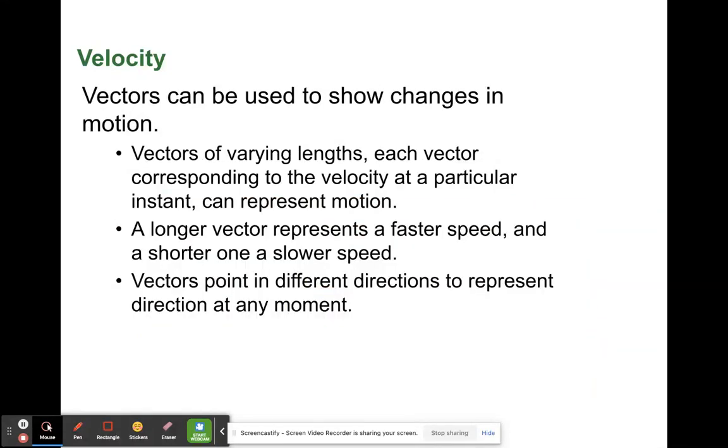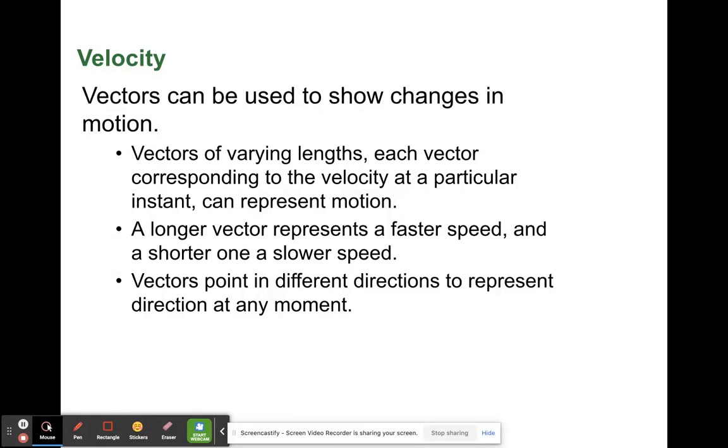Vectors can also be used to show changes in motion. Vectors are varying lengths. Each vector corresponds to the velocity at a particular instant. And it can represent motion. We have vectors for everything, for forces, and it's all related. Once you learn vector math, that's it. It's pretty easy, actually.